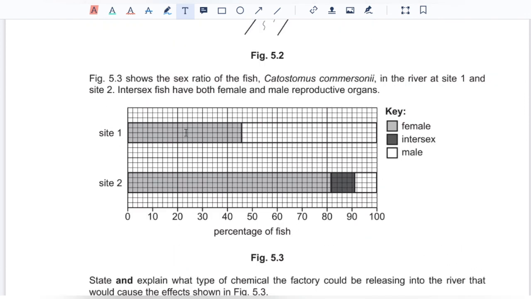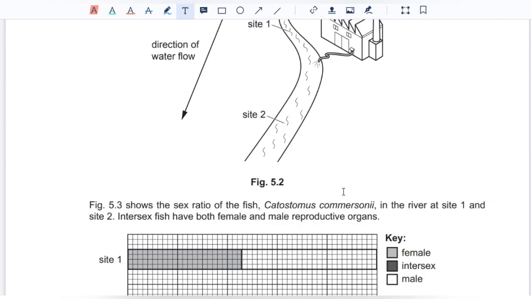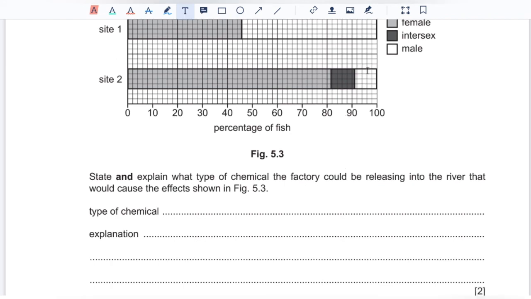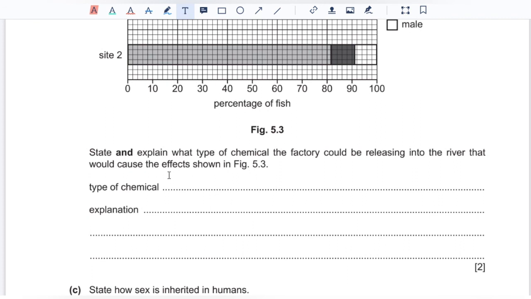So as you can see, at site 1 the male to female ratio is close to 50, but at site 2 there are very few male fish compared to a much greater proportion of female fish, and you've also got many more intersex fish, which means that the chemical factory is secreting female hormones like estrogen and progesterone, as at site 2 the number of females is much greater and the number of male fish is very less compared to site 1.